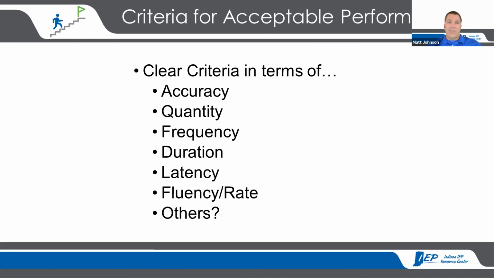So accuracy is through quantity, how many times do they do something, how often, and frequency. Duration is like the length of the behavior, and then latency is the time it takes from maybe you've given a student an instruction or a prompt for them to actually do that task, or initiate that task.